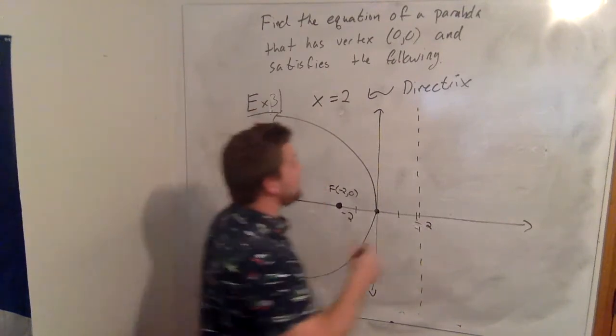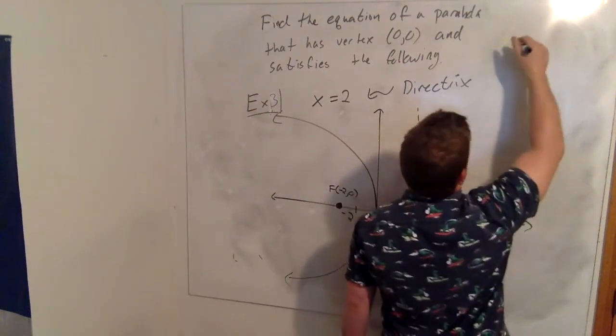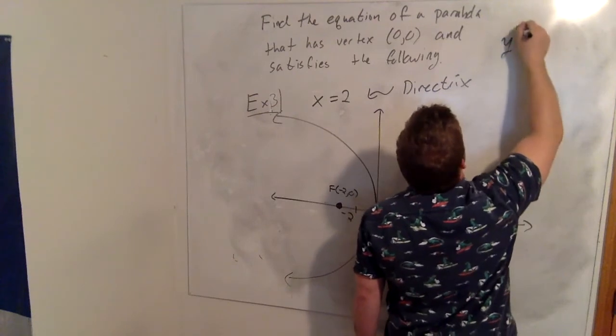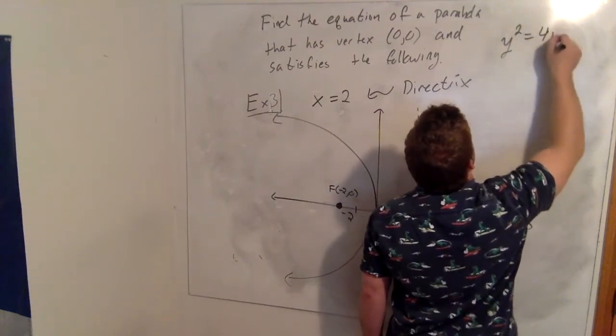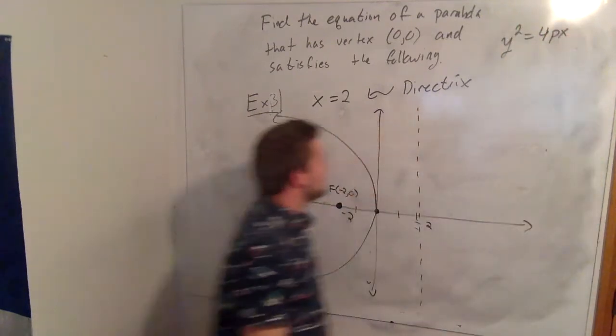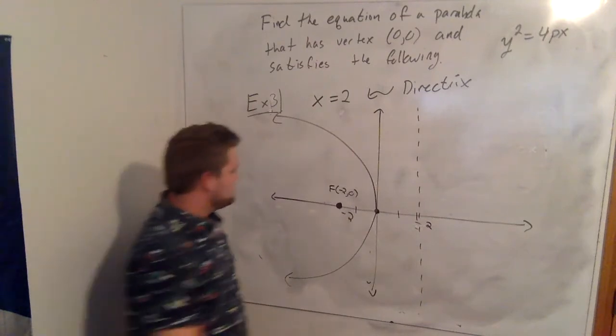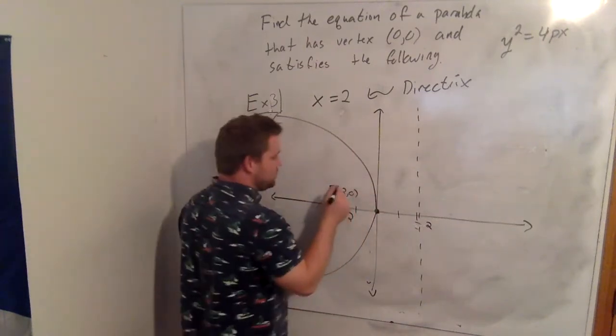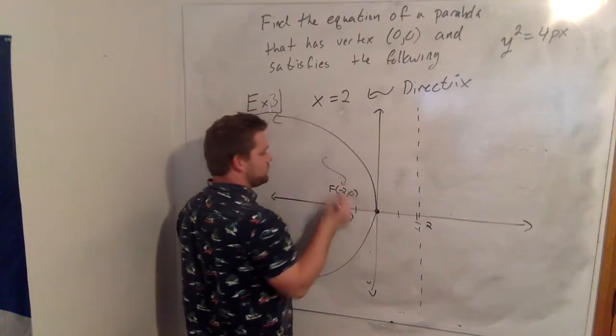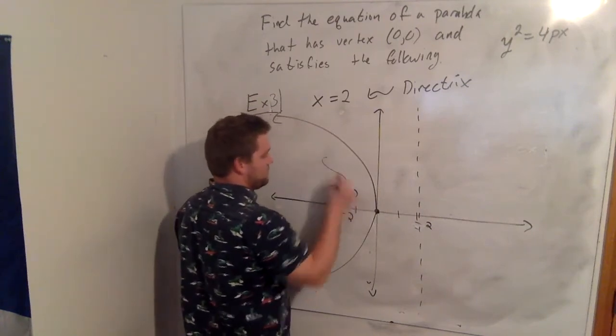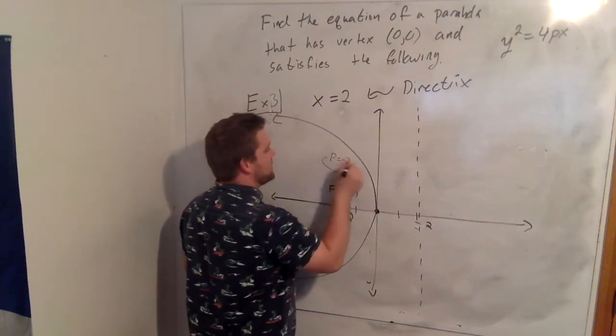So right off the bat, we know this will have the equation y squared equals 4px. In this case, we could almost read our p-value from the focus. Here p will be -2.